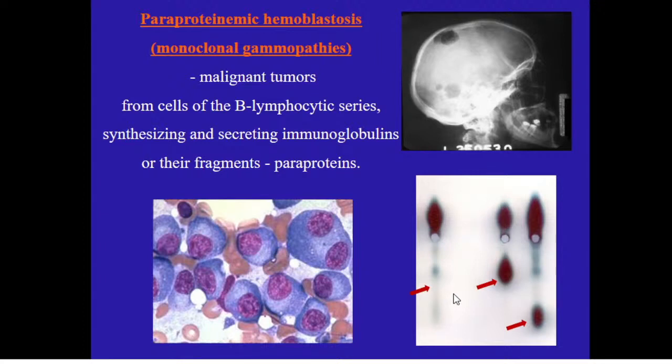But in case of presence of a big quantity of absolutely similar molecules, they will be visible as a spot, or in paper electrophoresis, as a very intensive line in one place. Localization can be a different place on the electrophoregram due to the different properties of paraproteins. It depends on the cell that started to produce them.